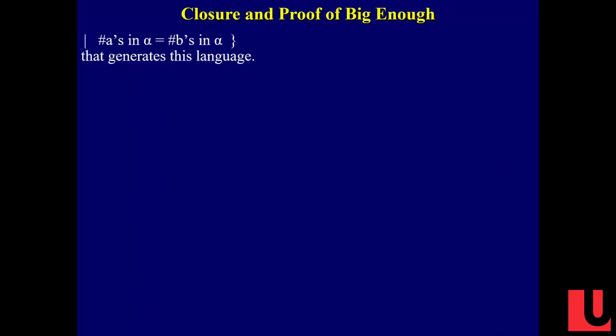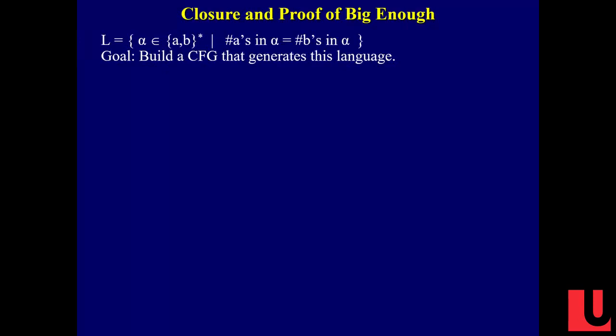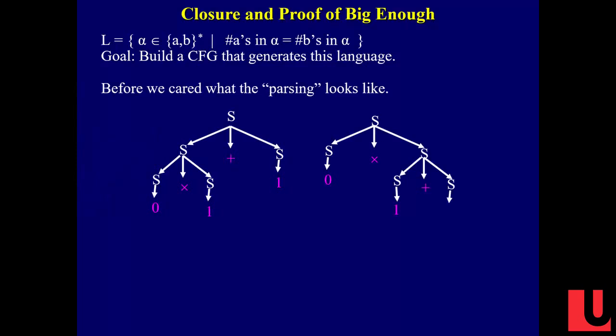Proof by example. All right, so here's a much harder language. We're going to have the language of all strings of A's and B's, where the number of A's equals the number of B's. We don't care what the parse tree looks like.